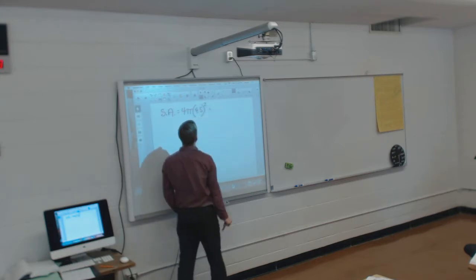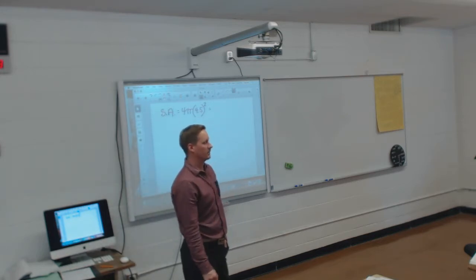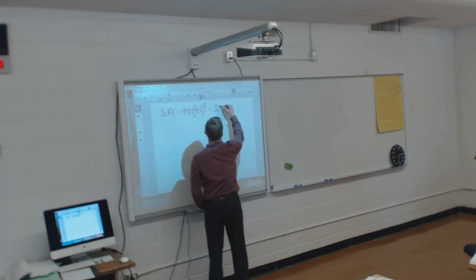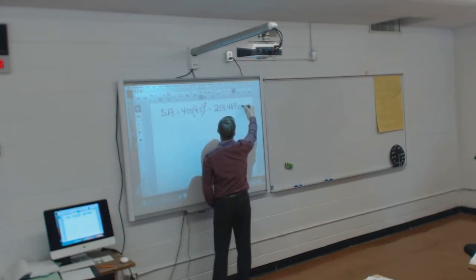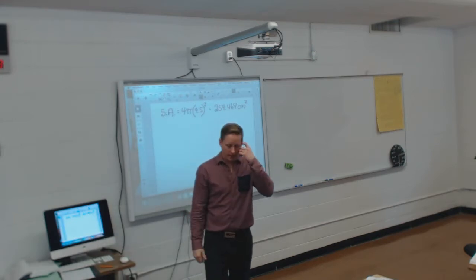Square it. So what's 4 by pi by 4.5 squared? 254.469. Thank you. There's your sphere.